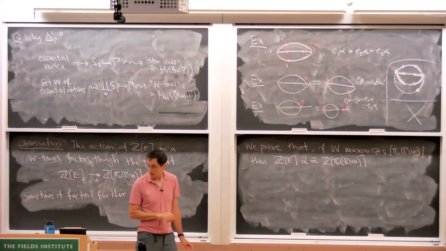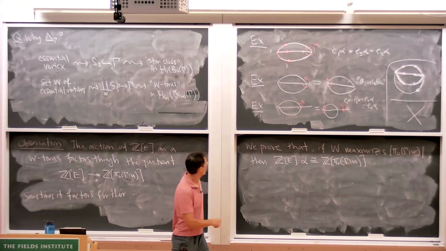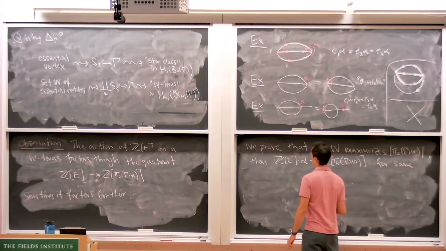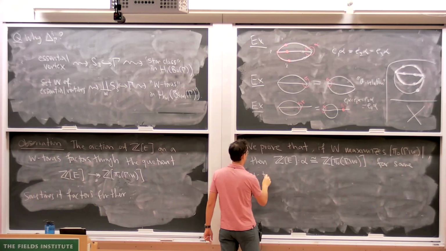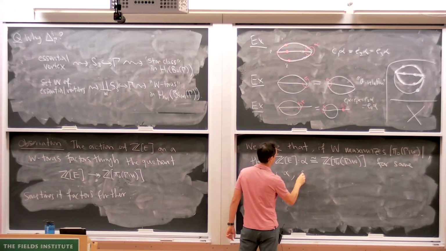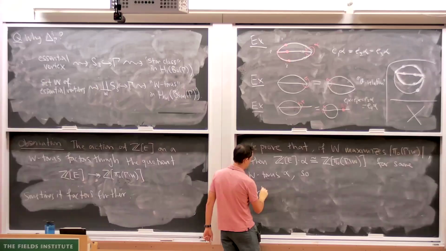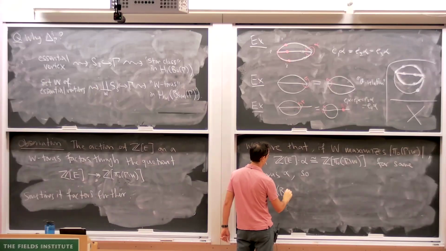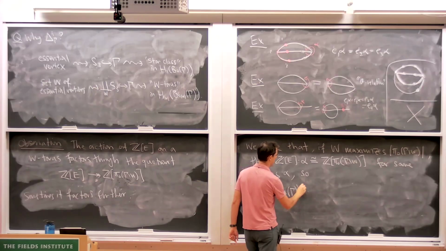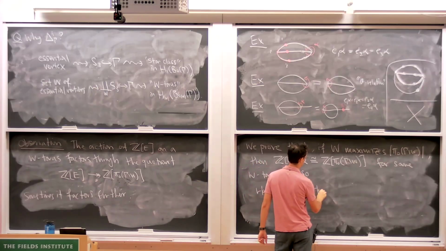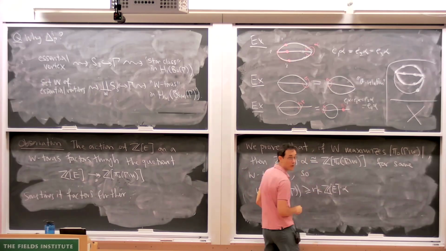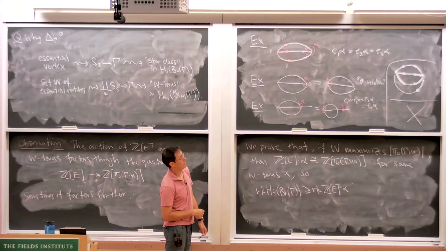And so what that means, for some alpha, for some W torus, is that the rank of HI is at least the rank of the submodule generated by this particular class.